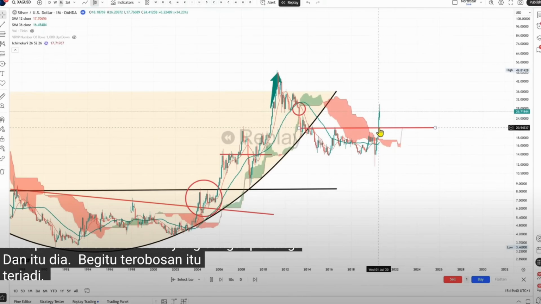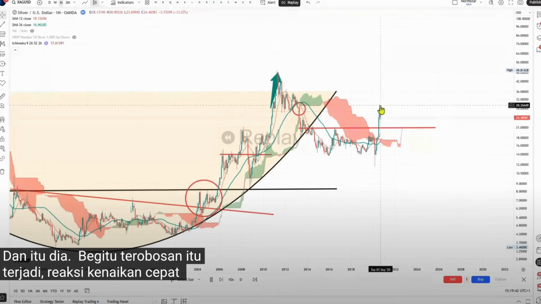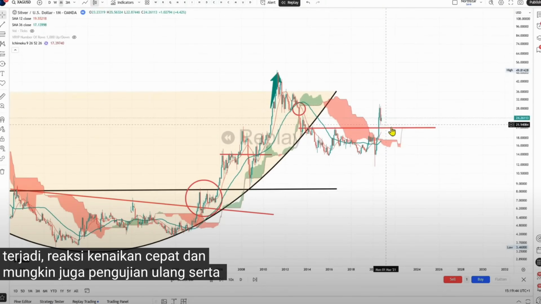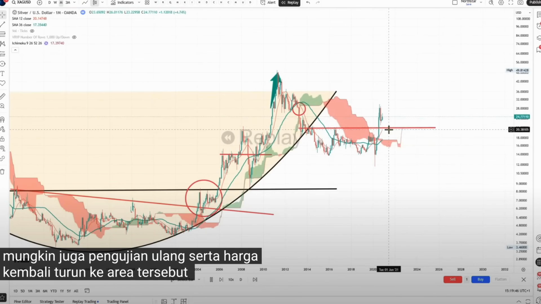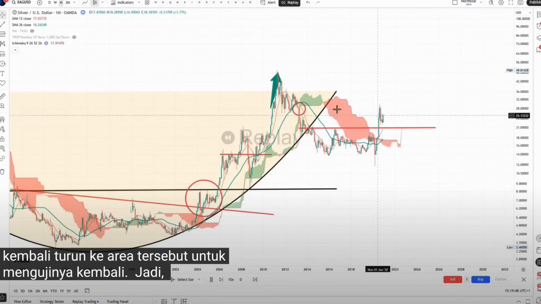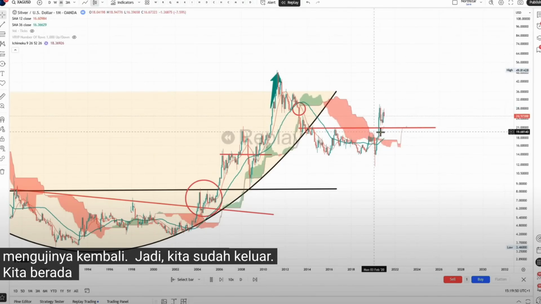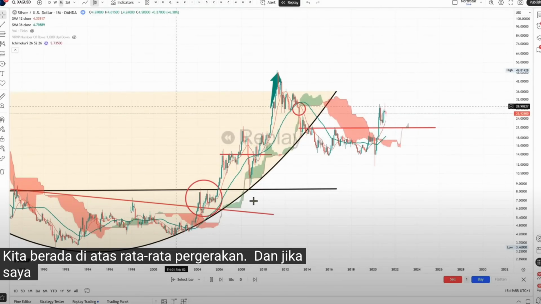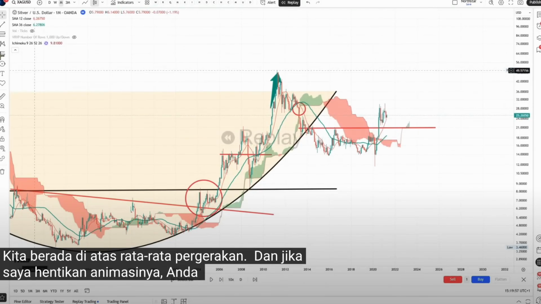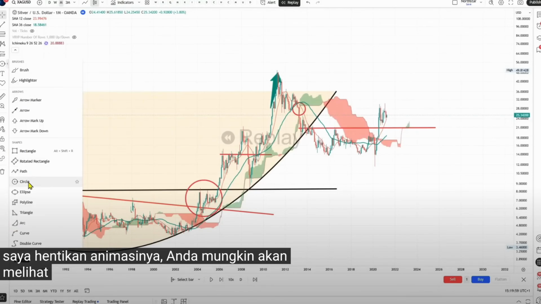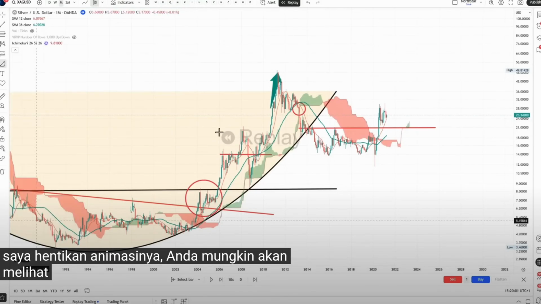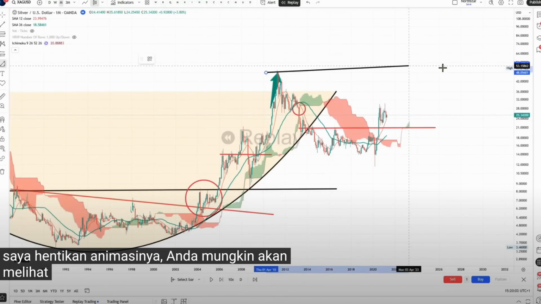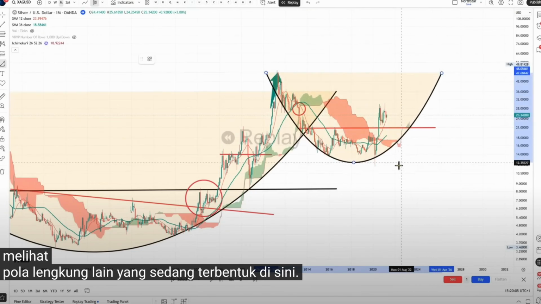As soon as it breaks out, there's a rapid upside reaction, and probably the back test as well, as price comes back down towards that area to back test it. So we've broken out. We're above the Ichimoku cloud again. We're above the moving averages. And if I just pause the animation, what you may well notice here is yet another arc pattern forming.